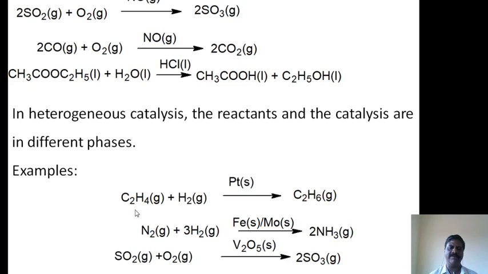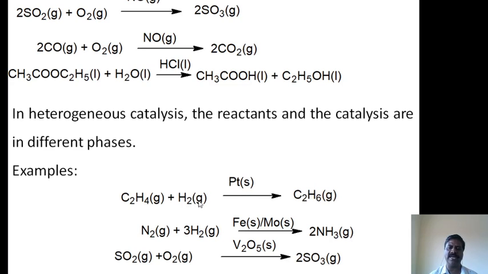Now for example, ethylene is a gas, and hydrogen is also a gas. Passing hydrogen gas to the ethylene gas in the presence of platinum as a solid. Here the reactants are in the gaseous state, but platinum acts as a catalyst and it is in the solid state, hence ethane gas will be formed as the product.